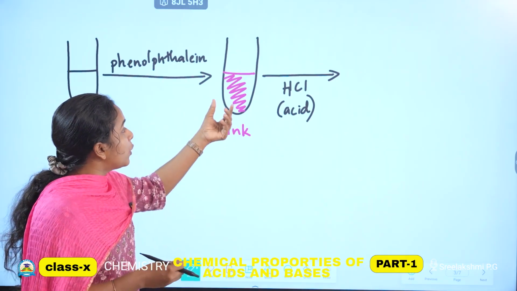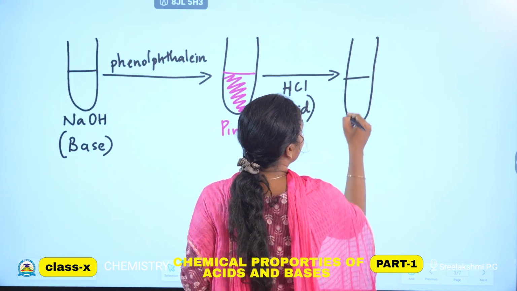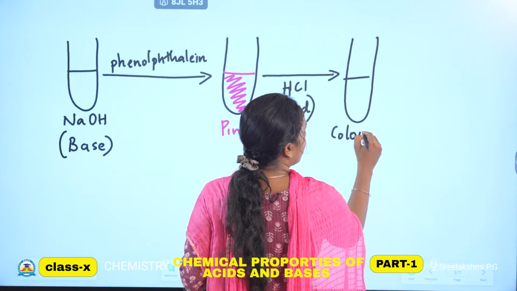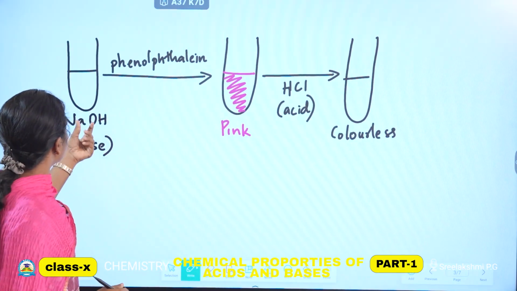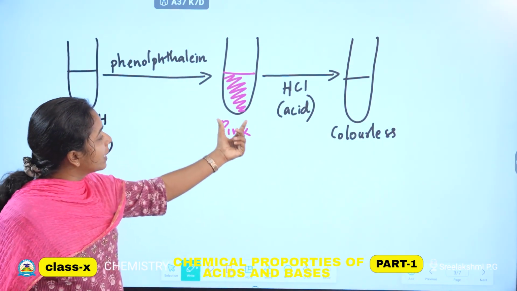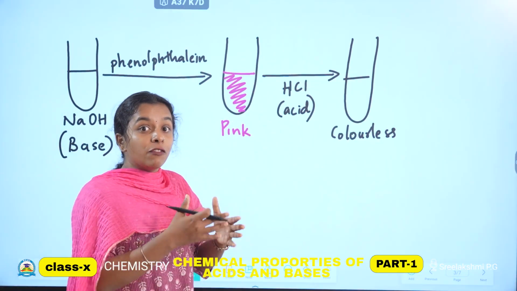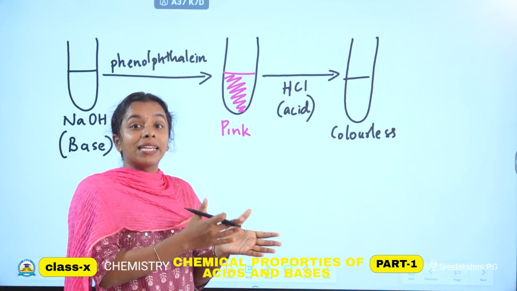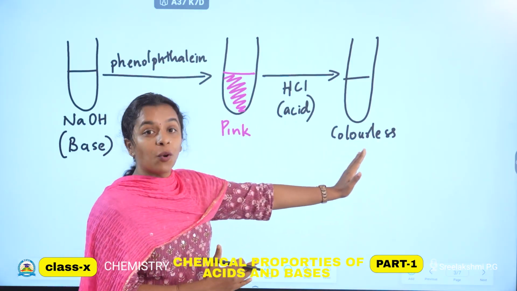That means the phenolphthalein color will again change to colorless by the presence of acid. In the presence of a base, phenolphthalein gives a pink color, and in the presence of acid, the effect of the NaOH is nullified and the pink changes to colorless.